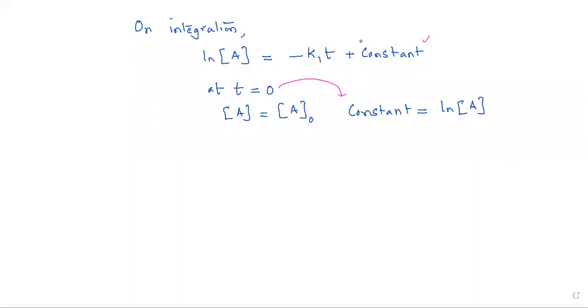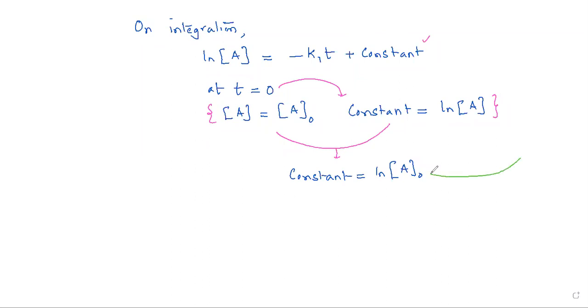Now, from this and this, it can be written as constant is equal to ln A, which can be written as A naught.